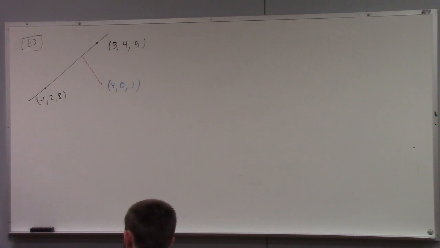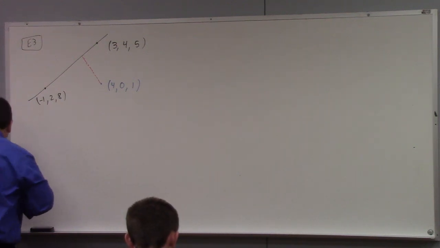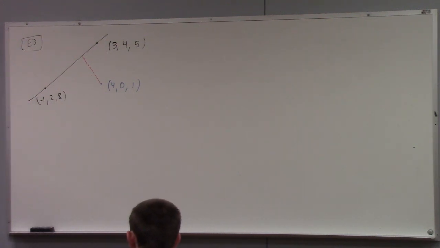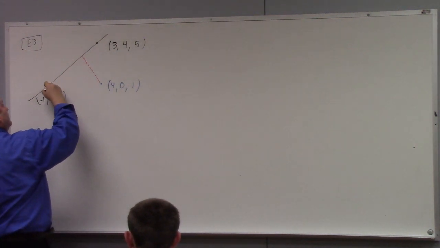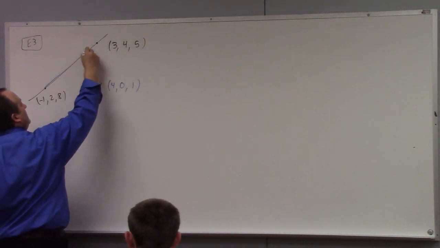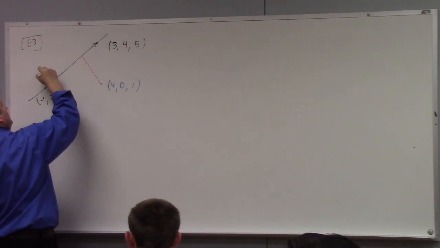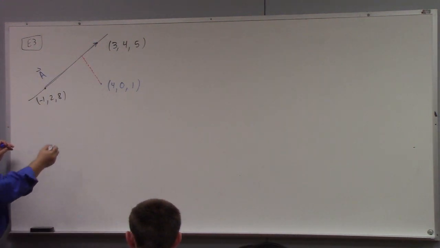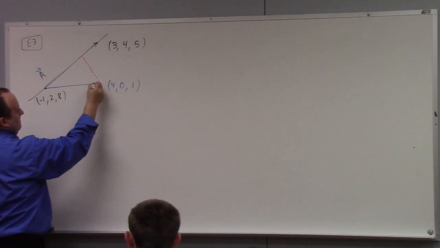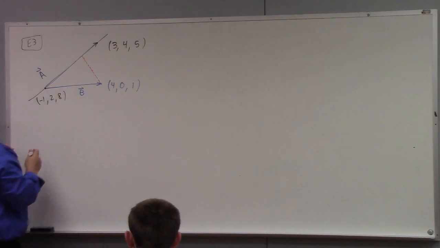So, okay, great. How do I use projections to get at this? Let me introduce some vectors here. What are the vectors you want to think about to solve this problem? How about this? I make this right up here the A direction, and I make this here the B direction.